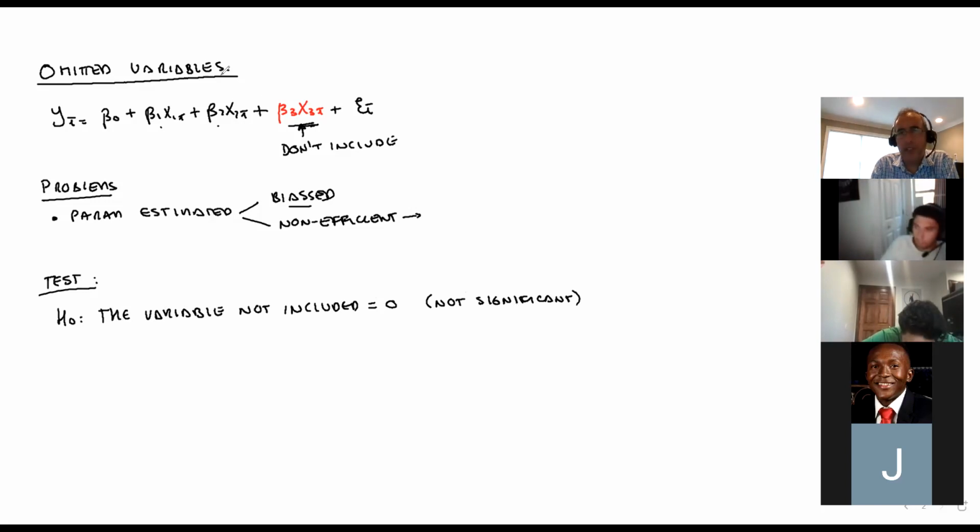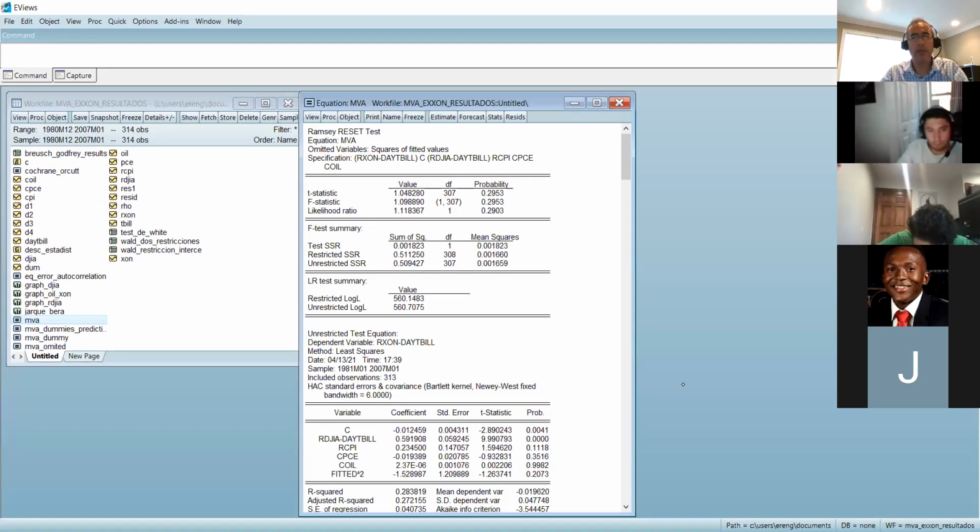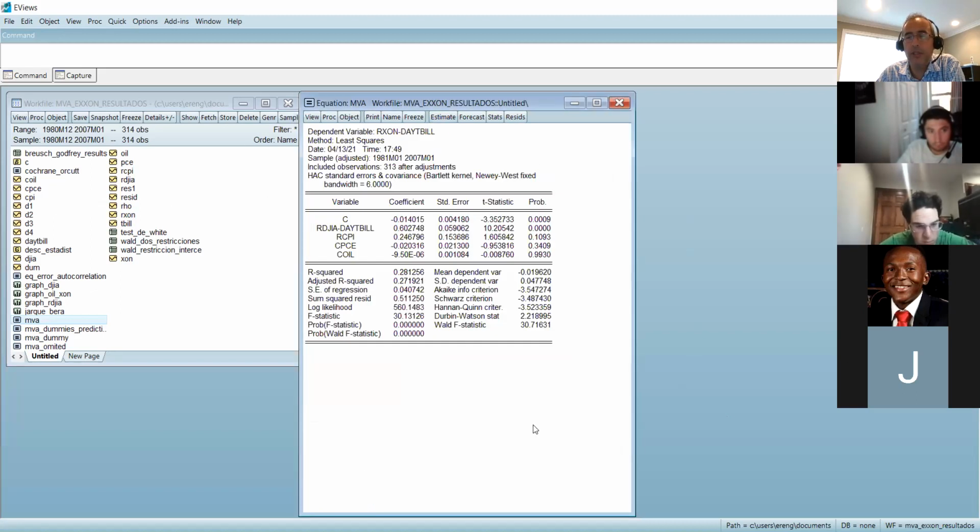I simply believe that this variable here is not significant, so I should not include it. So let's go to EViews. I will simply run this again. You go estimate and run the model again.